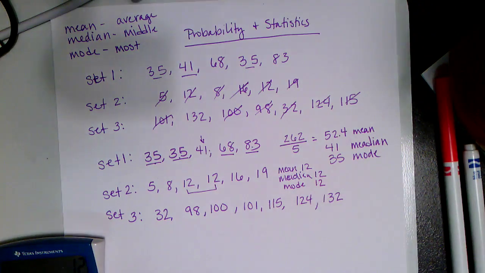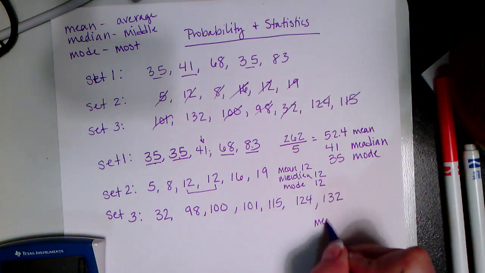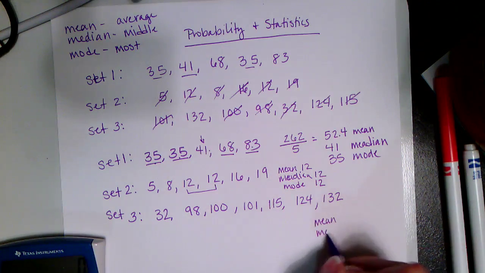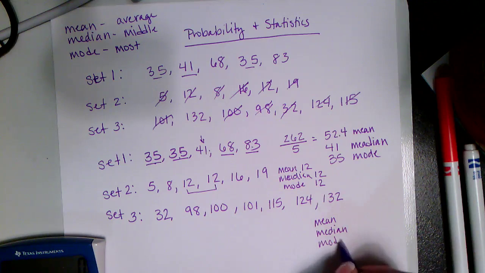All right. For our next one, our mean, median, and mode. Here you can see that there isn't anything repeated, so there is no mode.